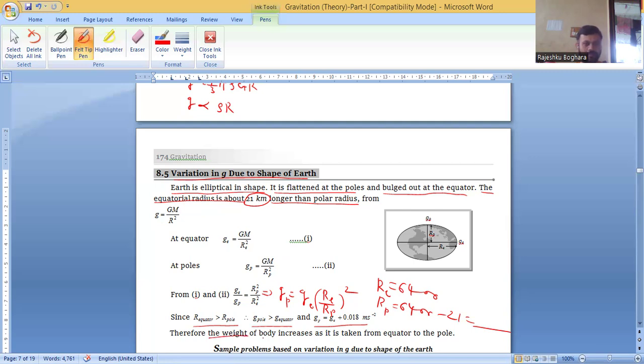Therefore, the weight of the body increases as it is taken from the equator to the pole.